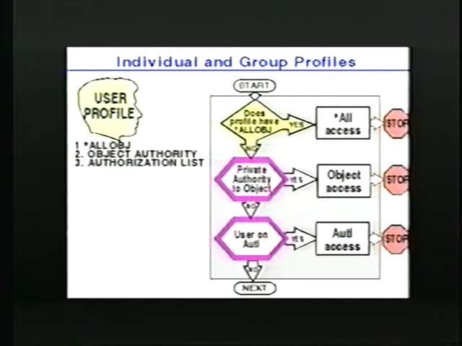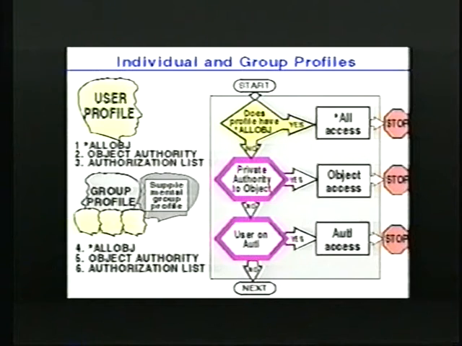The first check that IBM makes is, does the individual user profile have all object authority, in which case the user gets all access. And then it asks, does the user have an explicit authority or a private authority to an object, in which case it will give him that authority, or it will check for the user on the authorization list.